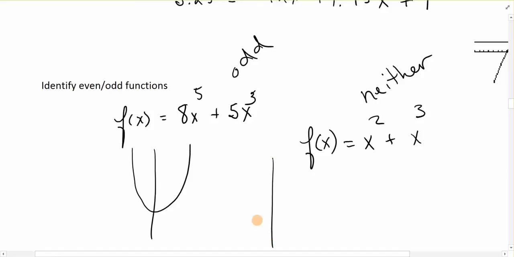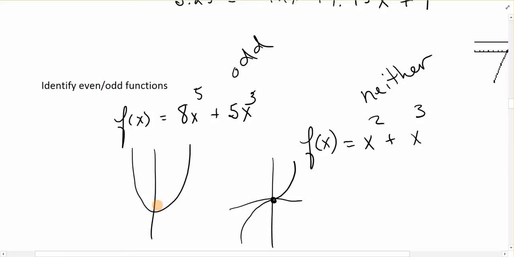An odd one is like this, and it's symmetrical about the origin. And it's hard to tell sometimes by a picture, but what happens is if you rotated this guy 180 degrees, it would be the same graph. If you flipped this thing around, can you see that it would be the same graph? That's symmetrical with the origin. That's odd. Even is symmetrical with the y. Okay.